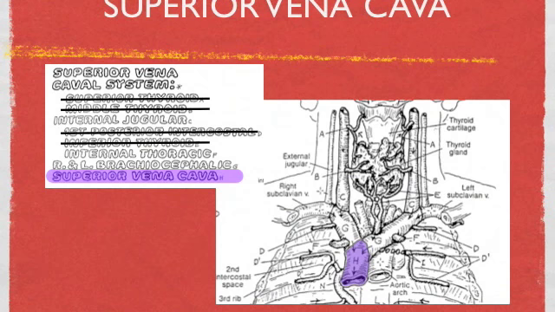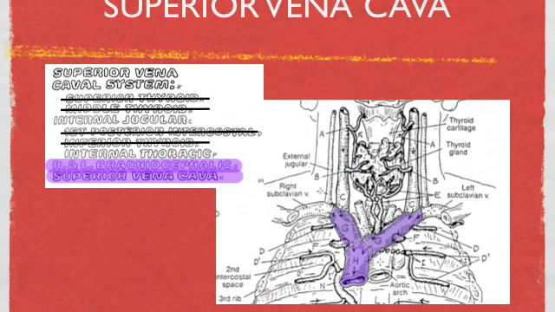Here's the superior vena cava, letter H. From the right and the left side come the right and left brachiocephalics. Each one of these, you can see, is drawing blood from one side of the upper portion of the body or the other.